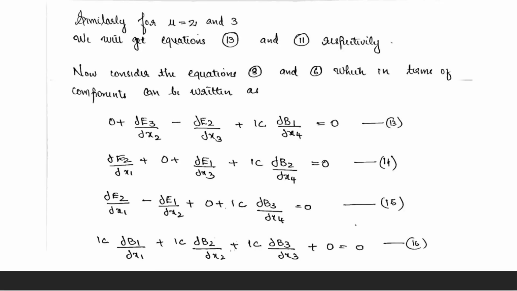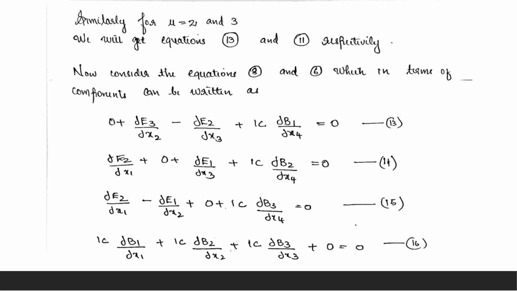Now consider equations 8 and 6, which in terms of components can be written as 0 plus ∂E3 by ∂x2 minus ∂E2 by ∂x3 plus ic into ∂B1 by ∂x4 is equal to 0, which is equation number 13.